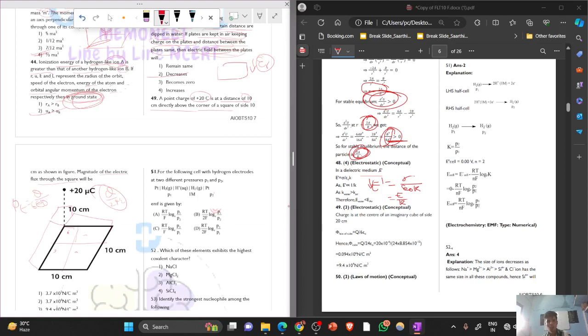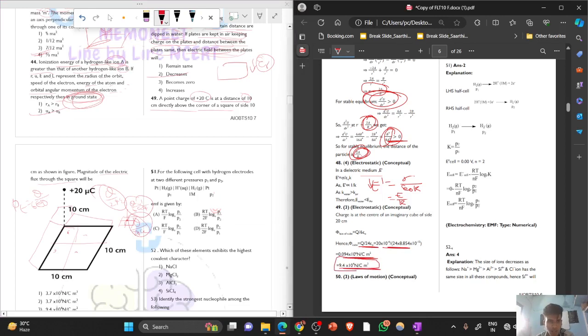So for one face, take it this way: if there is a complete face, your flux will be q by 6 epsilon naught. But this face divided in four parts becomes the corner of one face, so it will decrease by 1 by 4 times. So your answer will be q by 24 epsilon naught. Just putting the value here and solving it out, you get the value of the total flux through the corner. That will be your option number 4.